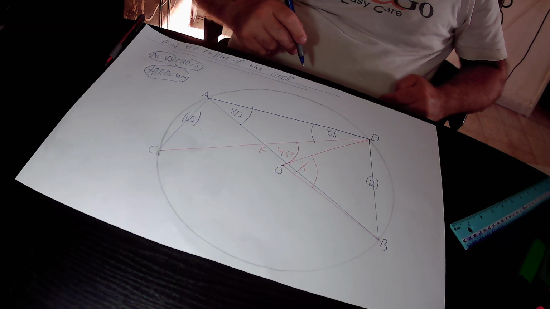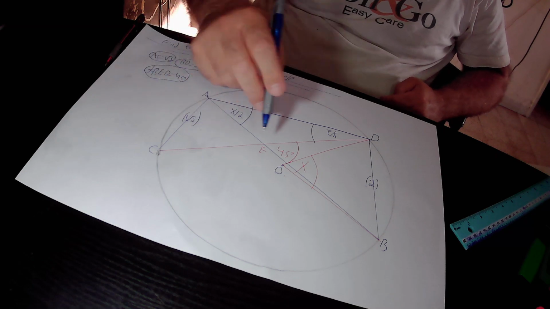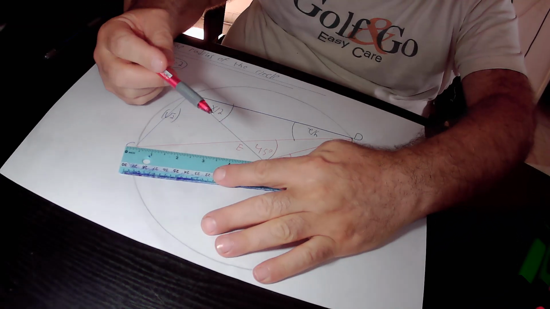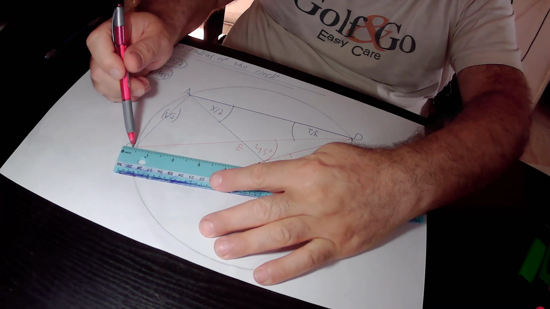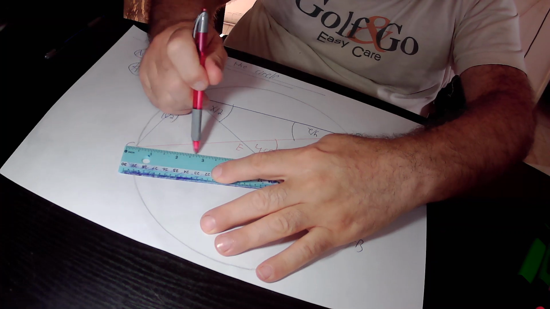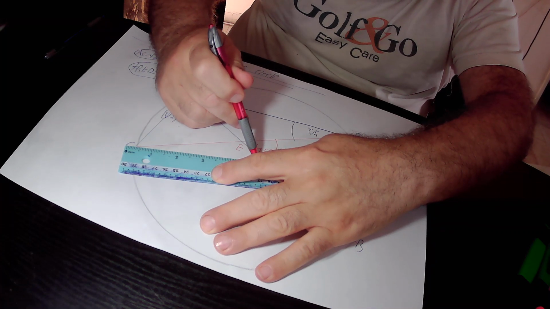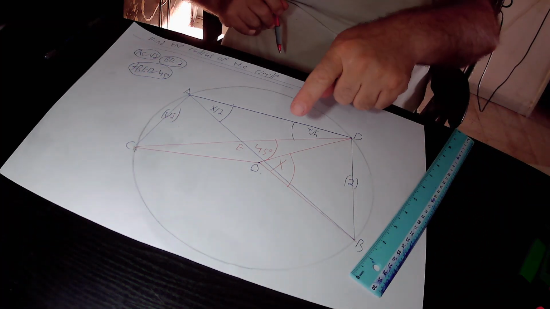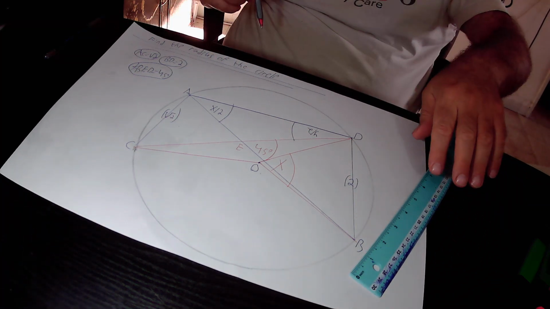In the next step, we will join points O and C together by a straight line. And we will join points O and A together by a straight line.